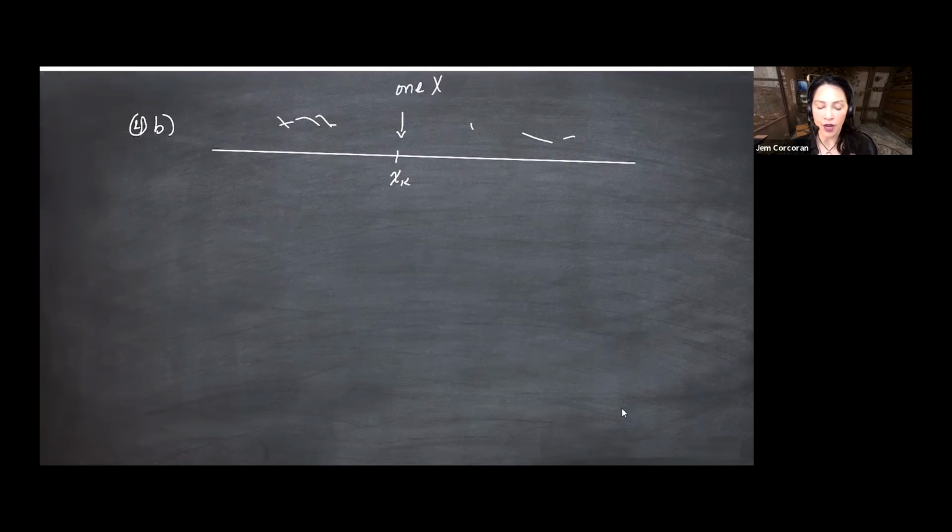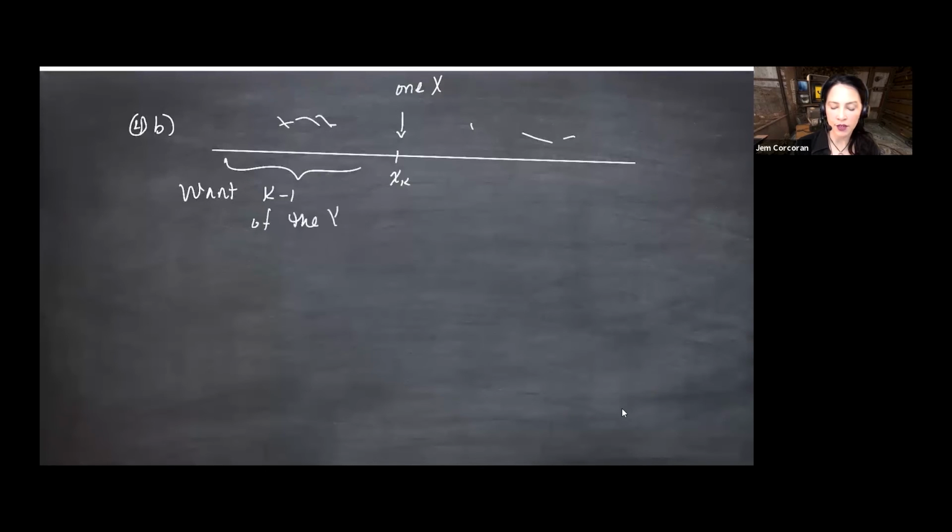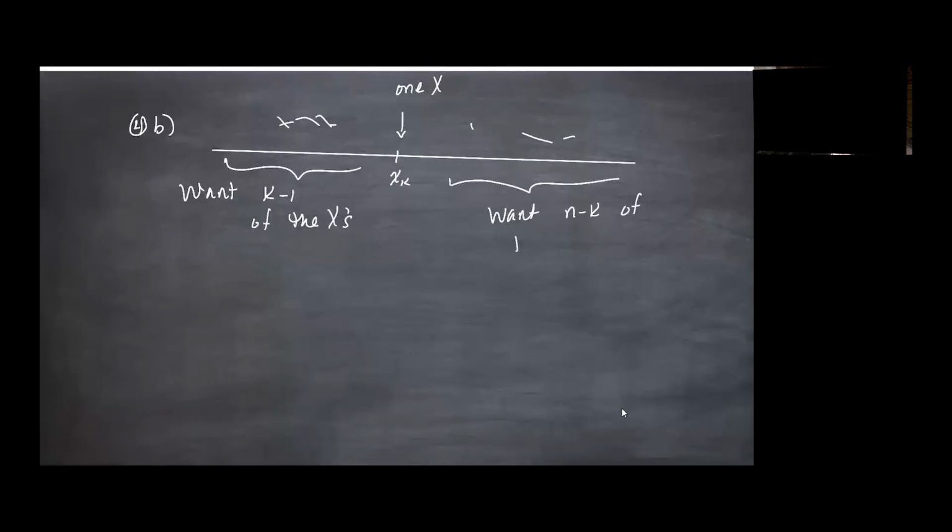But the idea is you want one there, and then you want k minus 1 of the x's over here, and then you want n minus k of the x's over here.